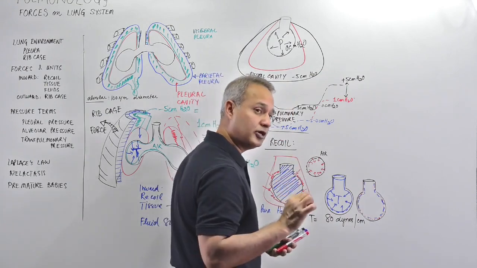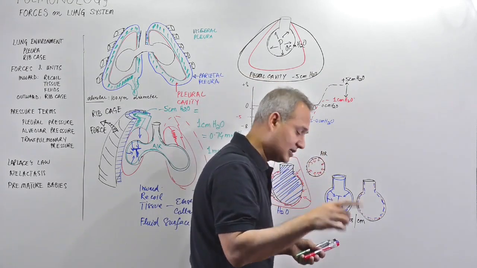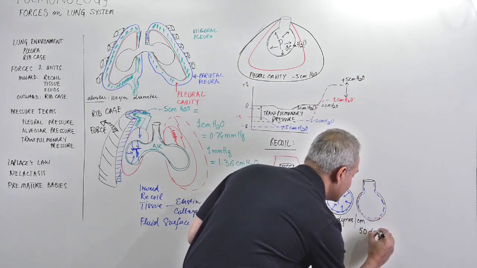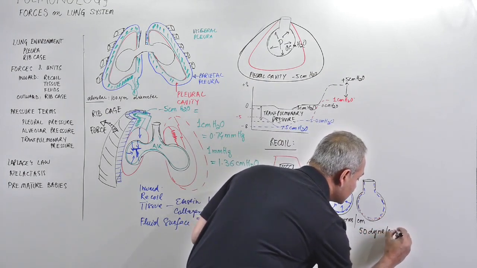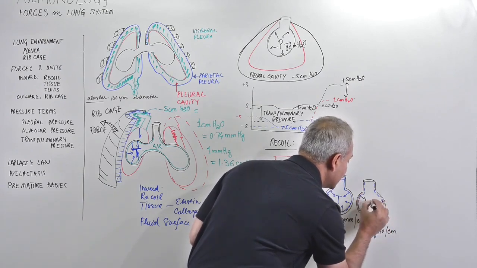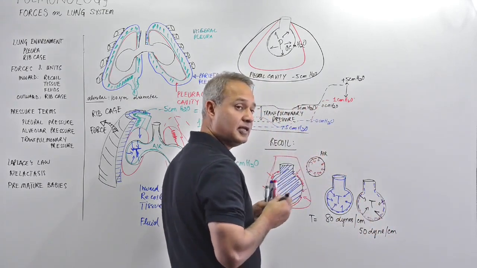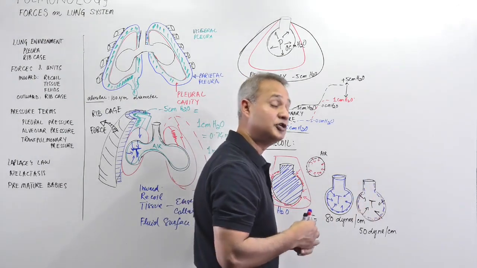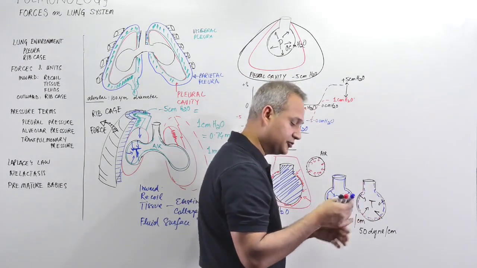This normal fluid without surfactant exerts about 50 dynes per centimeter tension inwards. I should not use the word pressure, tension inwards. So because this is not pure water, that pull inward due to the water-air interface has reduced.